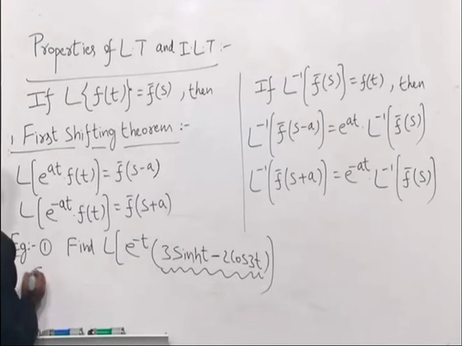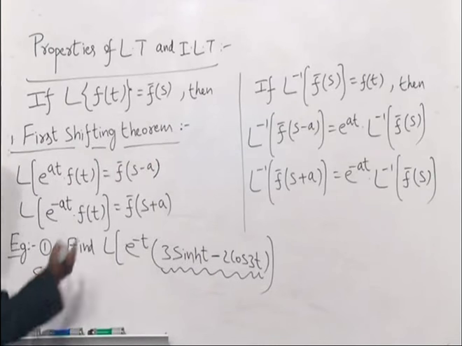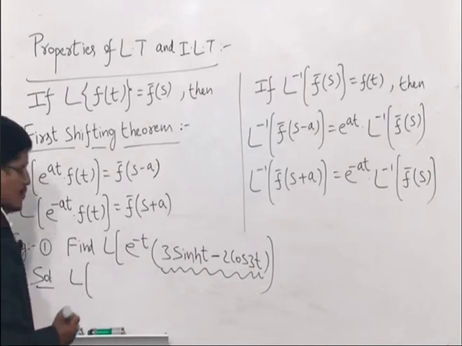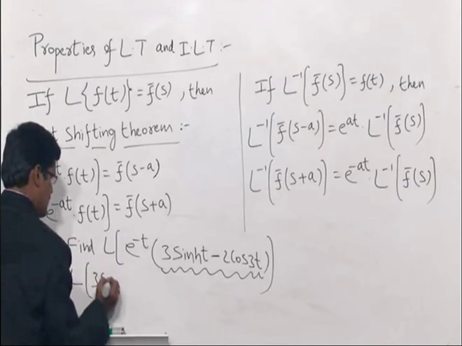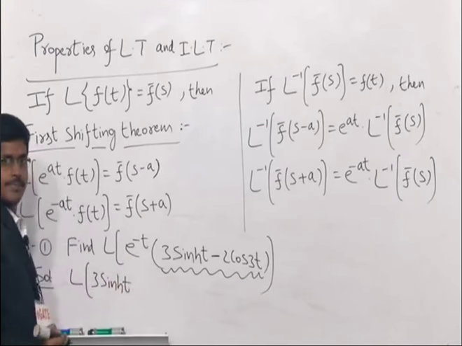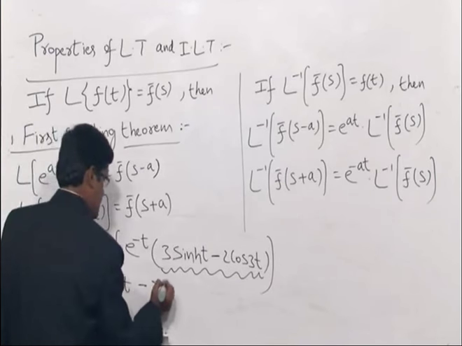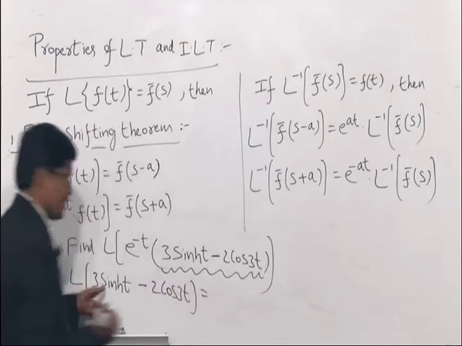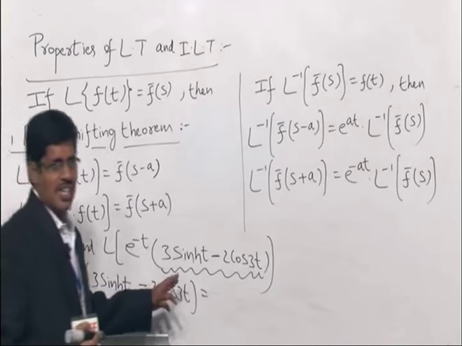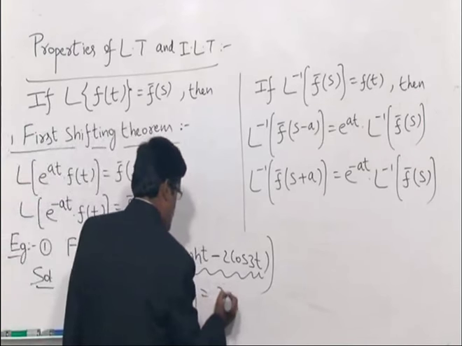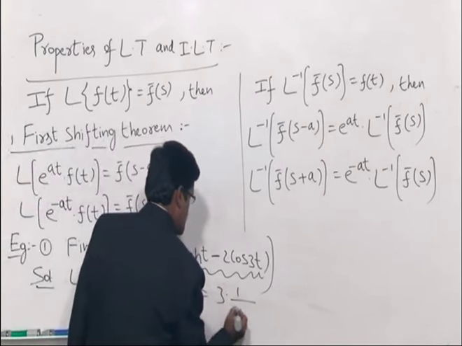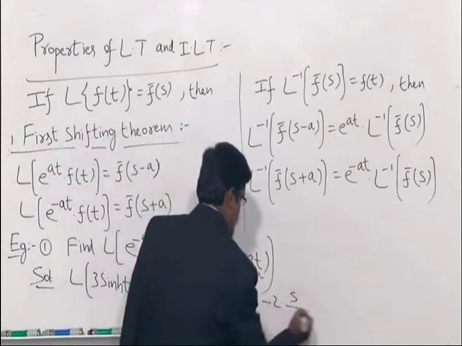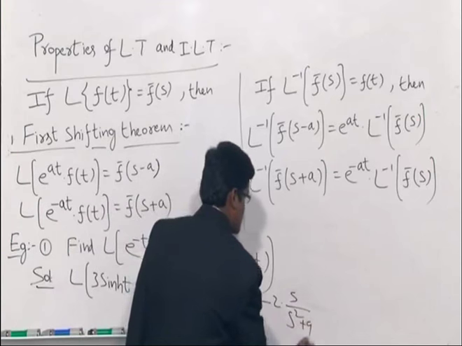Solution. What I underlined, first find its Laplace. L of 3 sinh t minus 2 cos 3t. Basic results: sinh at is a over s square minus a square, with a equal to 1, and cos at is s over s square plus a square, with a equal to 3. So 3 times 1 over s square minus 1, minus 2 times s over s square plus 9, since 3 square becomes 9.